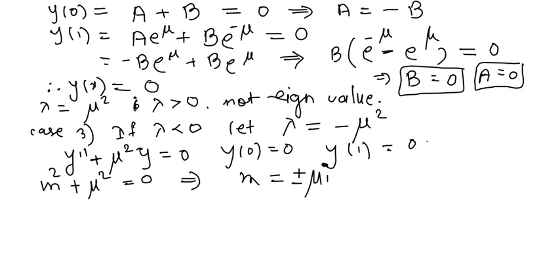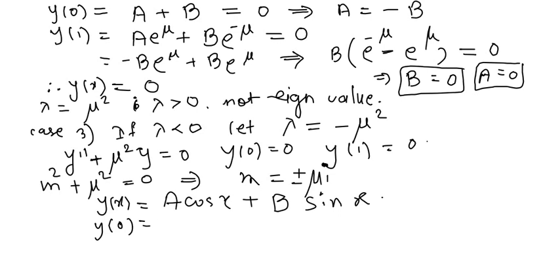So now how will we write the solution y of x? This will be some a times cos of x plus some b times sine of x. Now the first boundary condition, y of 0 equal to 0, gives us what? a is equal to 0.